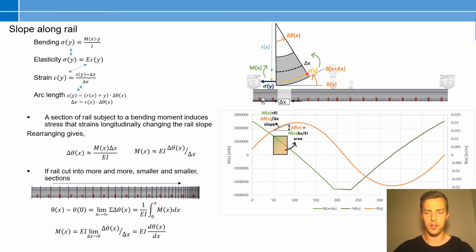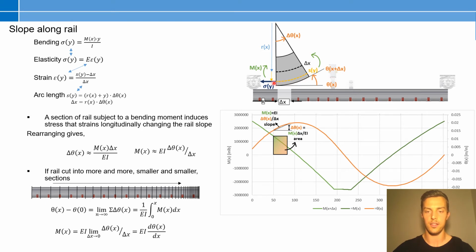So how in particular do we determine the slope of each section across the entire length of this member? Well, just by inspection, we can see that the moment will bend the section just ever so slightly, stressing and in turn stretching and straining the longitudinal fibers.